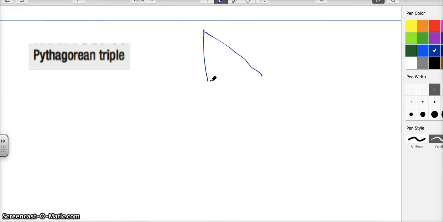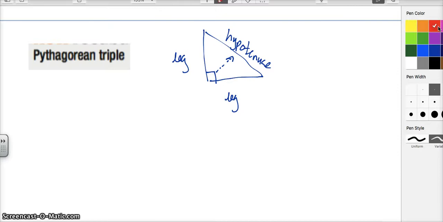The Pythagorean theorem refers specifically to right triangles, and right triangles have three different sides, as all triangles do, and they have different names. The sides that make up the right angle, perpendicular to one another, are called legs, and the side opposite the right angle is called the hypotenuse.